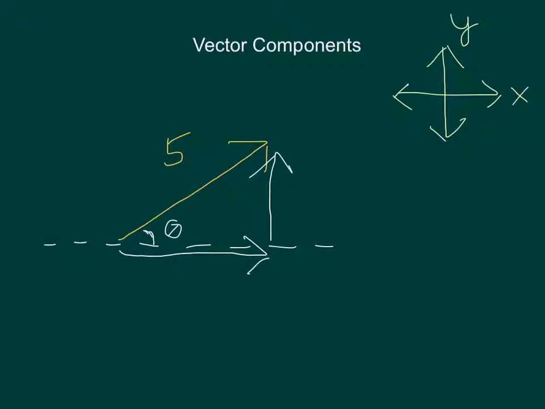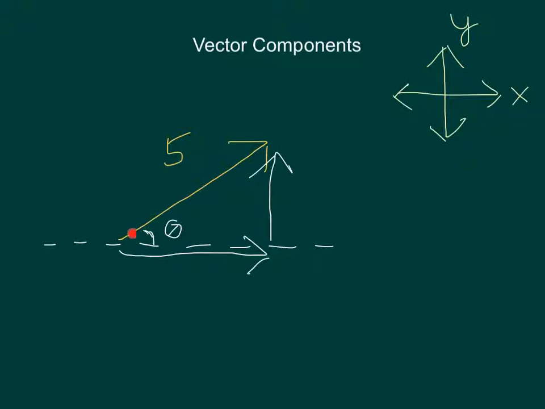Now, most of the time in our problems, we're going to establish a coordinate system where we typically use the sort of axes that you would have on a piece of graph paper, where you have your x and your y axis. And in order to see how different vectors are going to interact with each other, we need to make sure that all of our vectors are either pointing only in the x-axis direction or only in the y-axis direction.